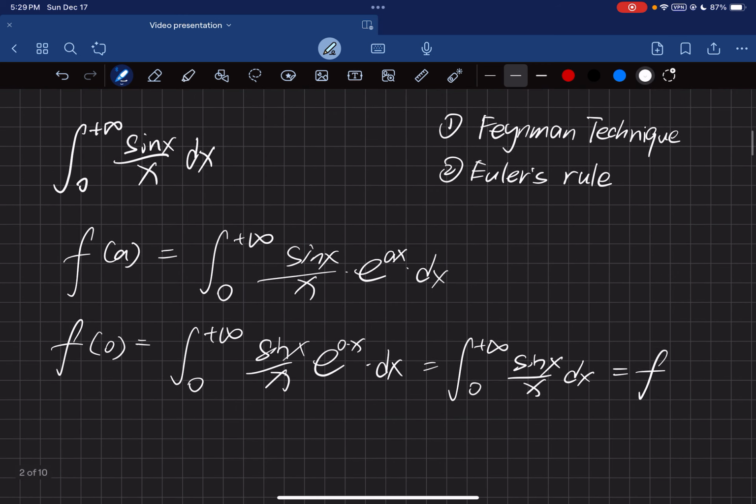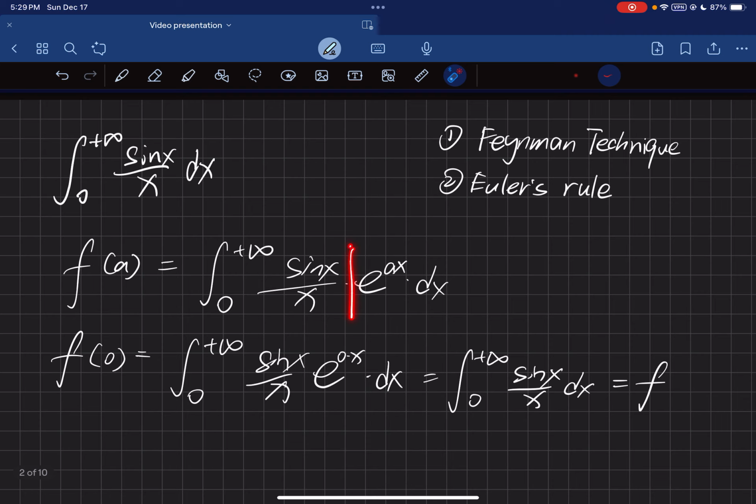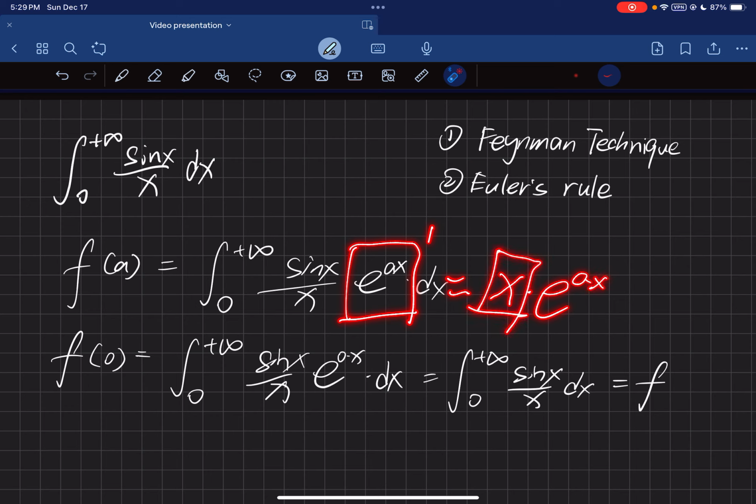Why would I choose e to the power of ax and the parameter a? Because if we take the derivative of this function, we get x times e to the power of ax, which means there's an x in this equation, and we can eliminate the x in the denominator.